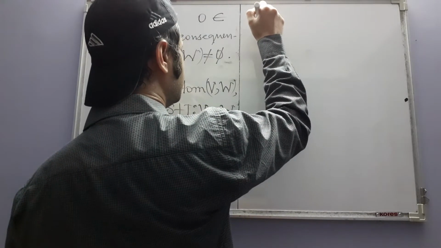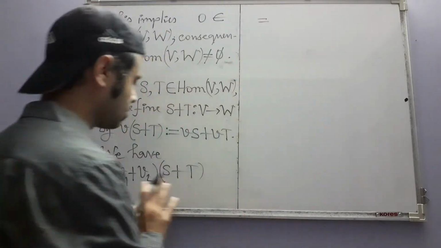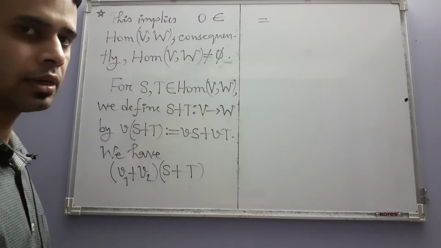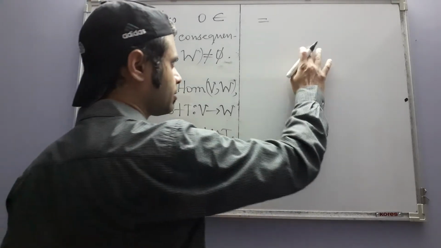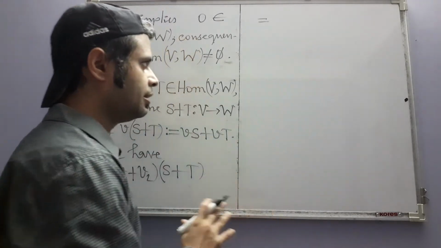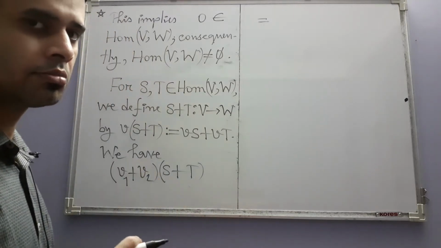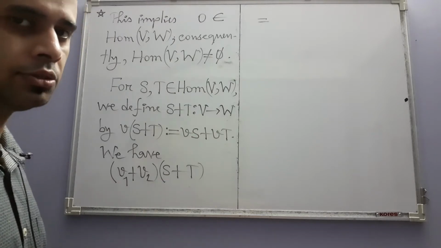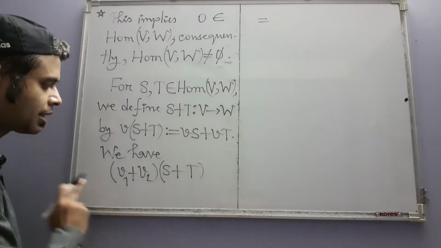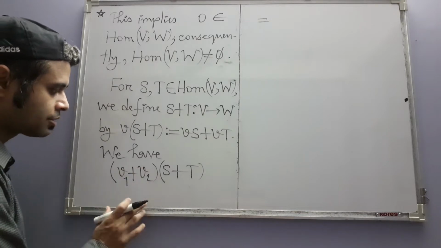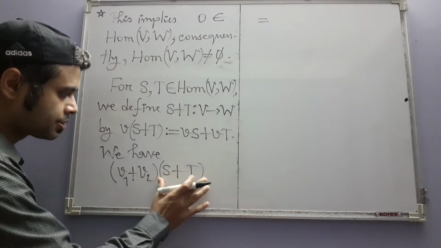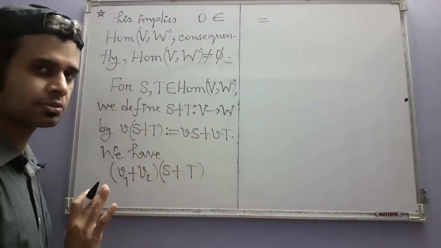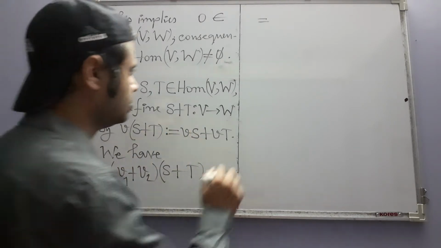It's very easy to lose track of what we are doing in these calculations and do something unknowingly. It will not usually lead you to any error, but you will end up not understanding why you wrote something. So be careful. First of all, because this is the S plus T image of some vector, we are going to use the definition of S plus T, because that's what we have, right?